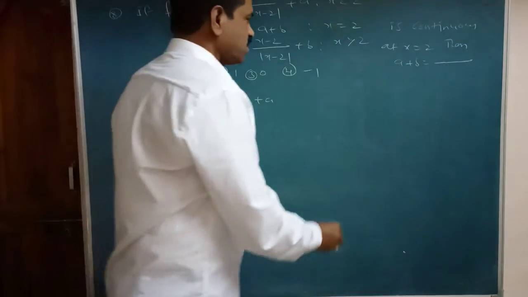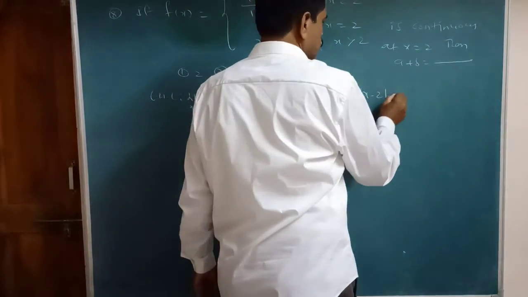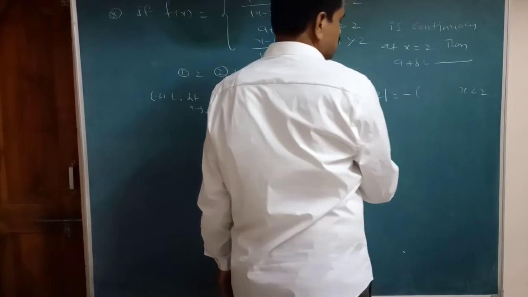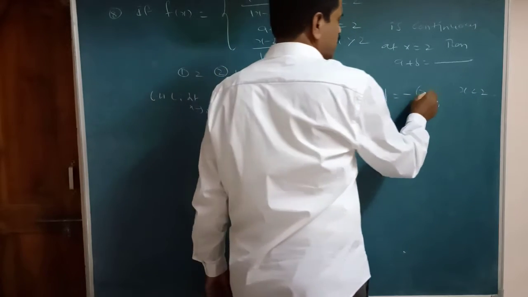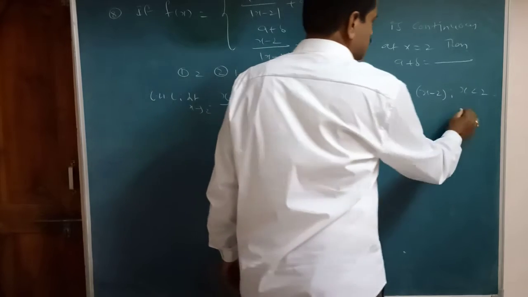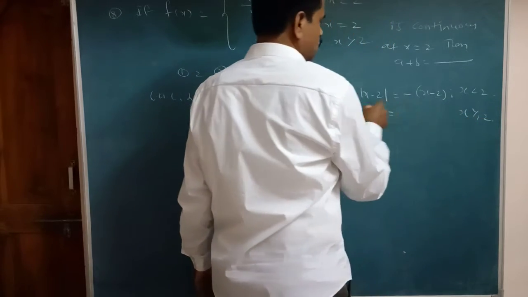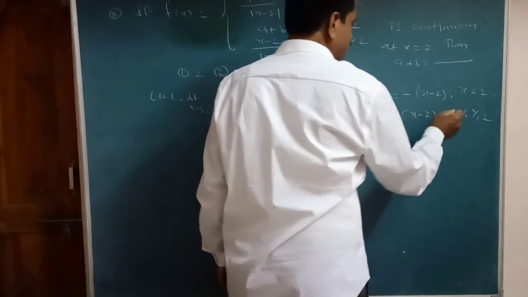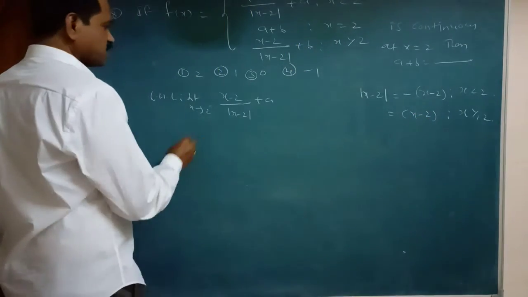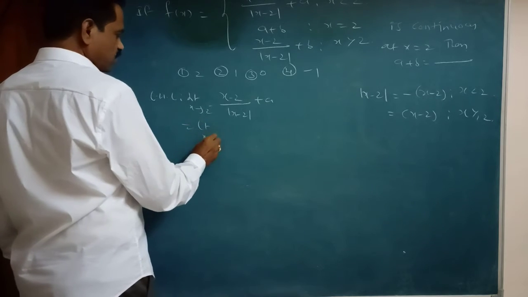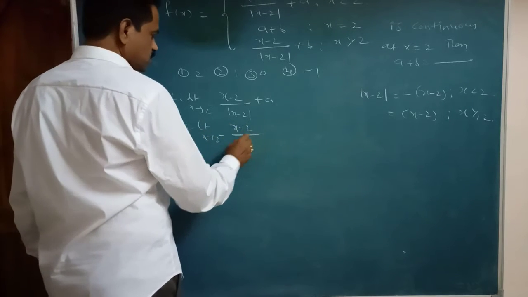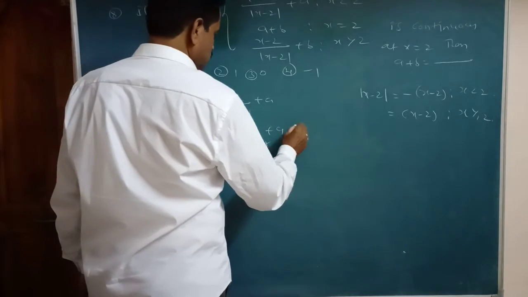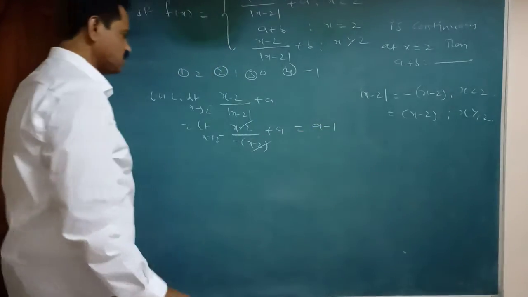We know that modulus function mod x minus 2, when x less than 2, means it is negative, that is minus of x minus 2. Here x greater than or equal to 2, so x greater value means it is positive, that is x minus 2. So x tends to 2 minus, this is minus of x minus 2 by x minus 2 plus a. So this is how much here? A minus 1. This value is a minus 1.